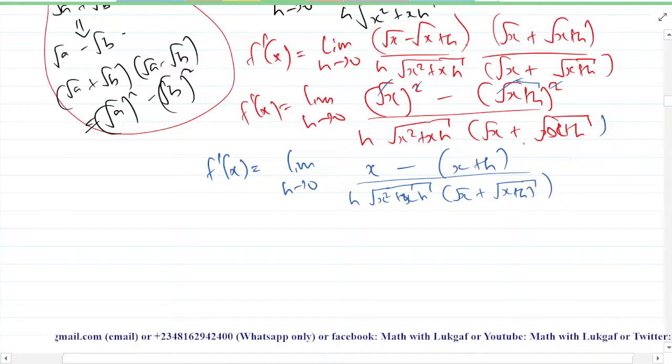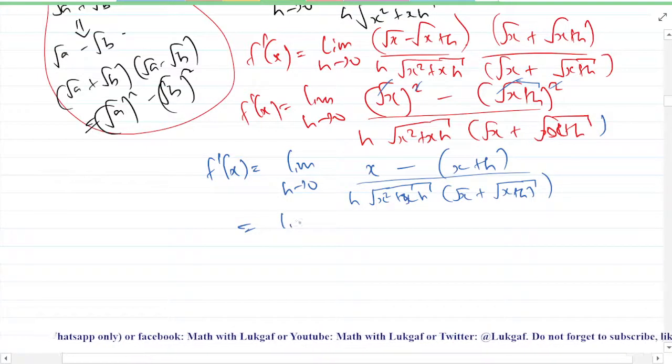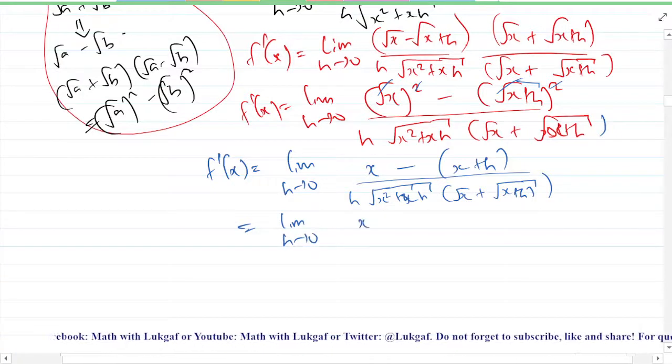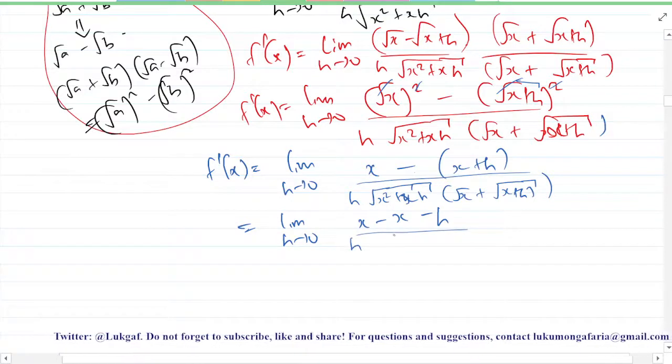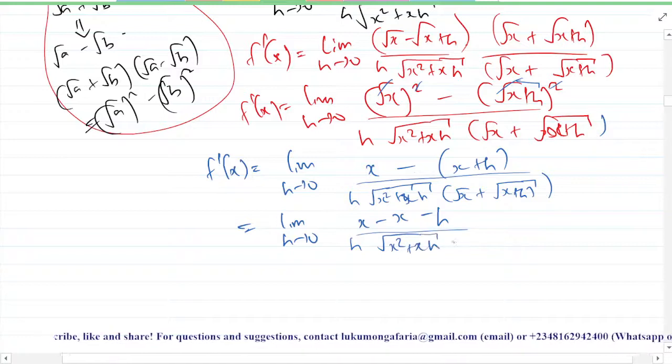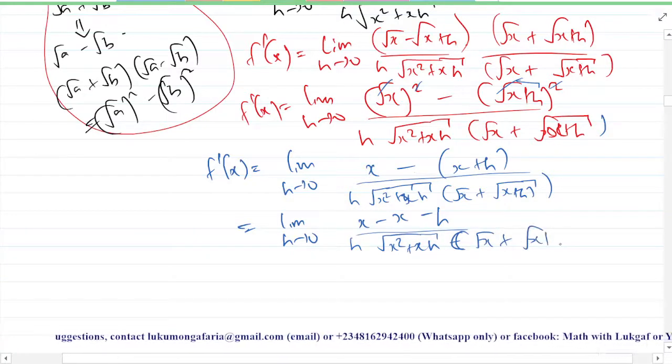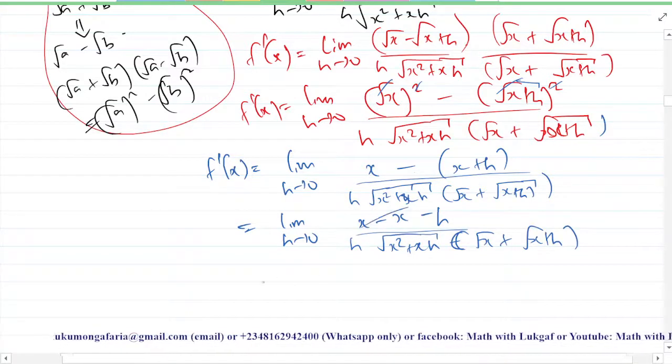Oh, so if that is the case, then I'm going to have limit as h tends to 0, x minus x minus h. You know how I have minus h, minus times plus will give you minus. Then h square root of x squared plus xh into square root of x plus root x plus h. So x minus x will give you 0.